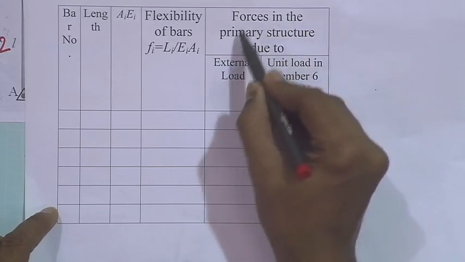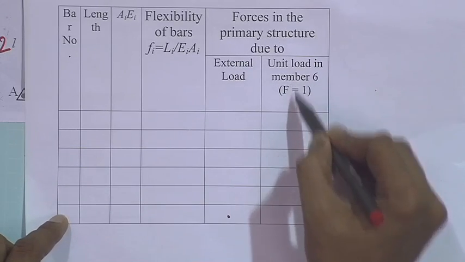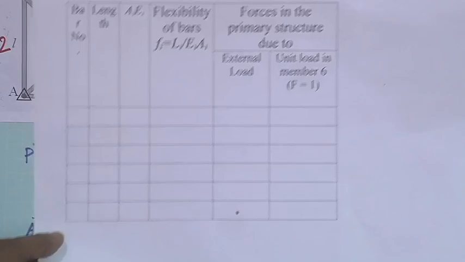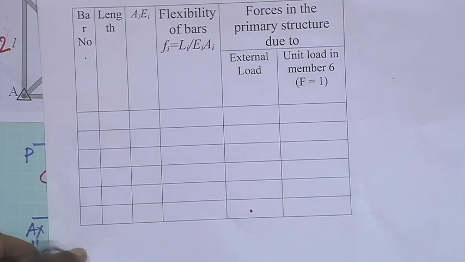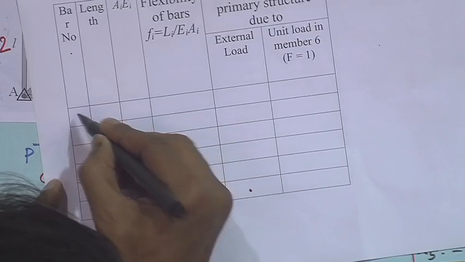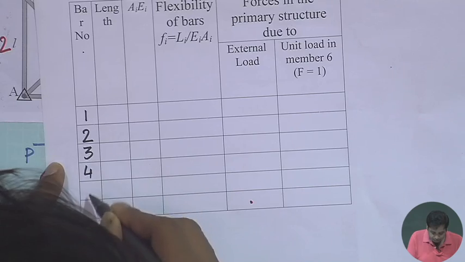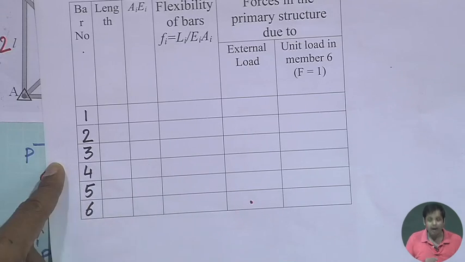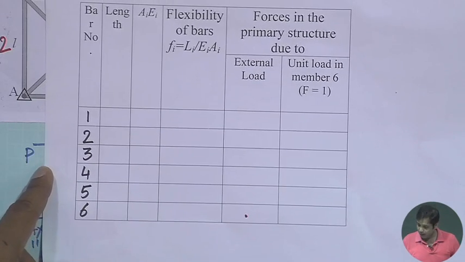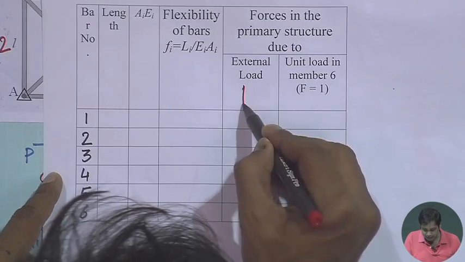Now, the forces in the primary structure due to external load, and then due to the redundant forces. In this case we have only six members, so let us write member 1, member 2, member 3, member 4, member 5 and member 6. What are the forces in the different members due to external load? This is Ni.